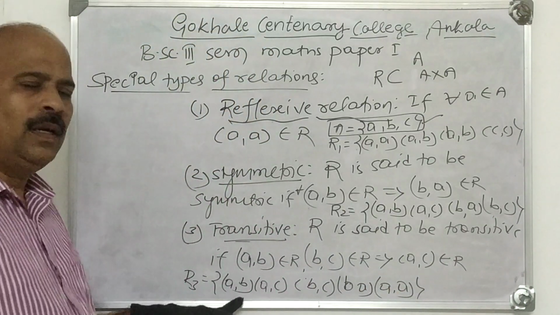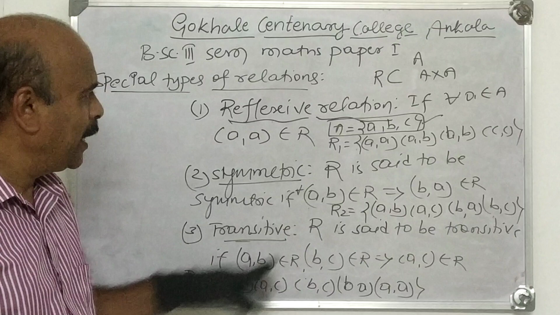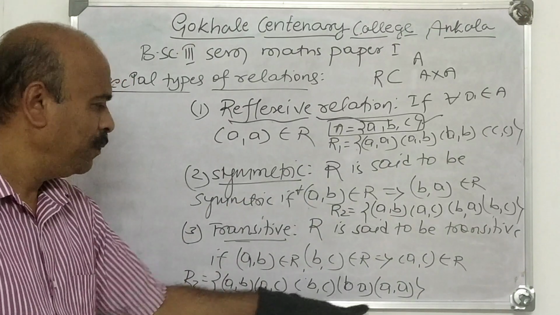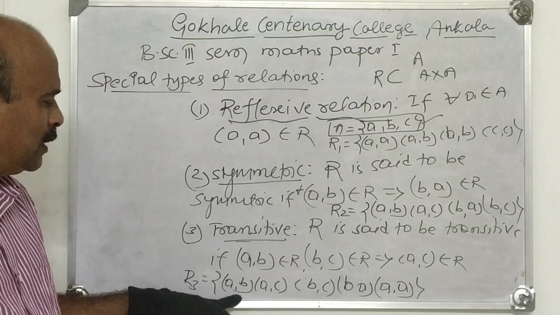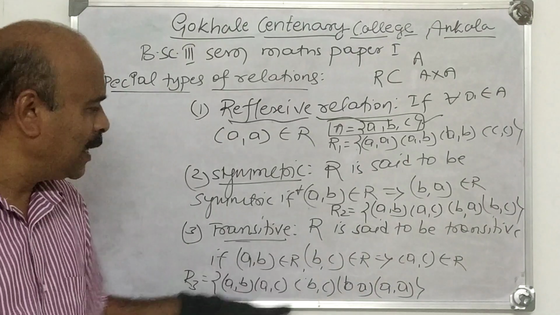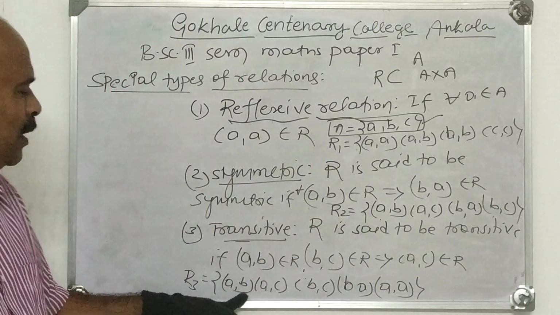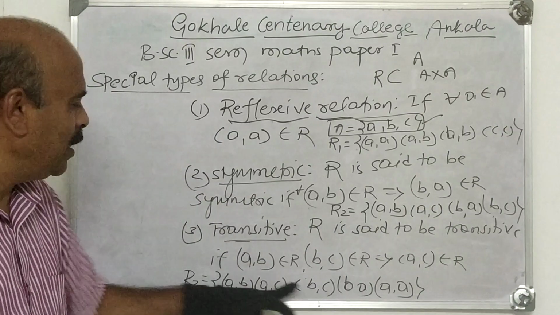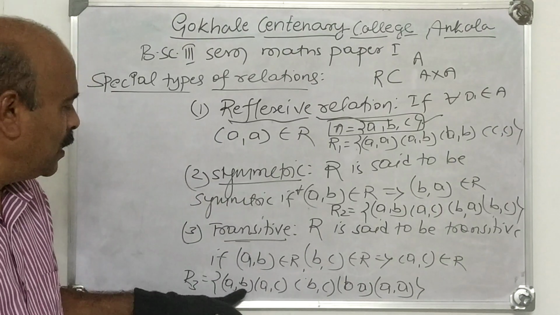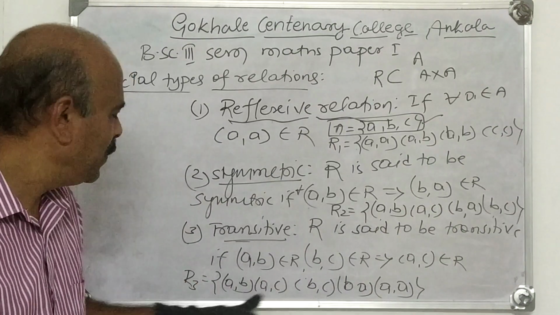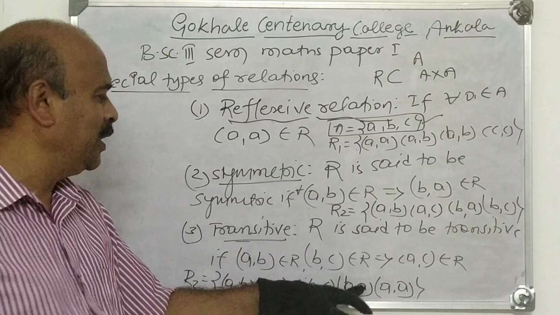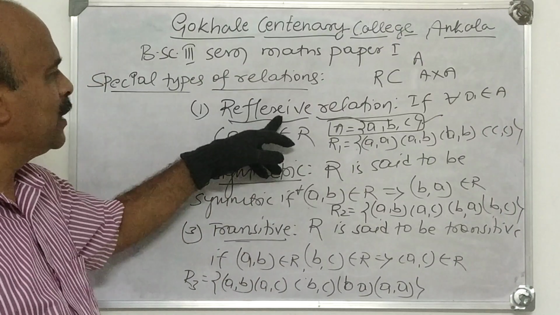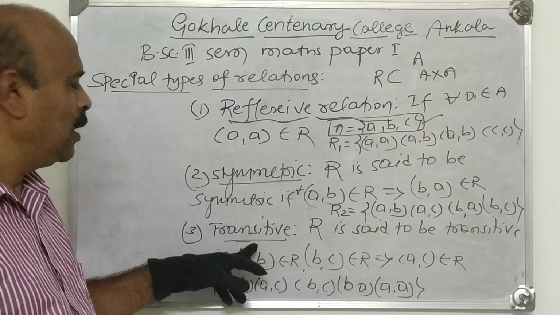A subset of A cross A. A cross A consists of 9 elements. I have taken 5 elements so that when (a,b), (b,c) are there, (a,c) is also there. And (a,b), (b,a), (a,a) is also there. Therefore it is transitive. So the relation is said to be reflexive, may be symmetric or transitive.